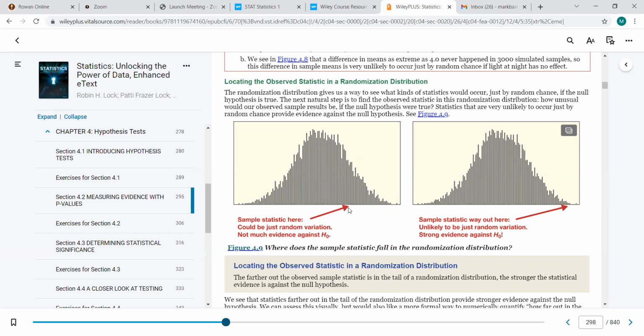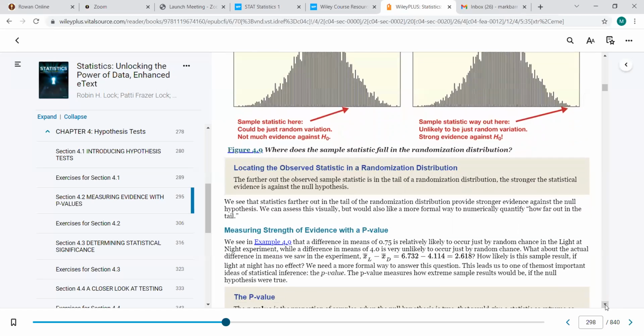It would seem to be more consistent with just normal variation of samples. The smaller the proportion of samples that are at least as extreme as the value of the sample statistic, the more likely we would reject the null hypothesis, in this case, that the difference in means is 0.